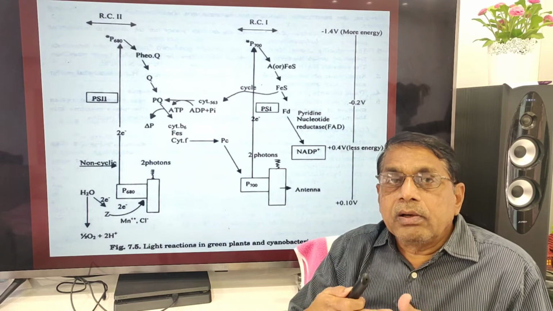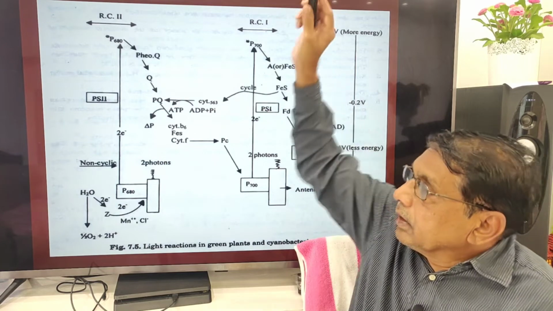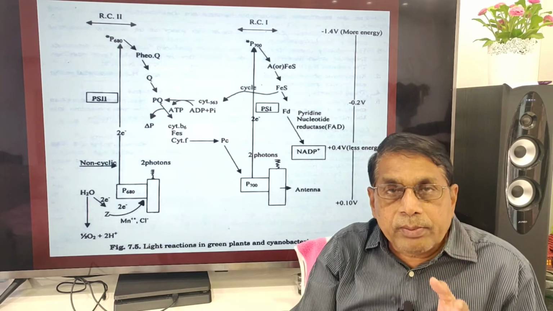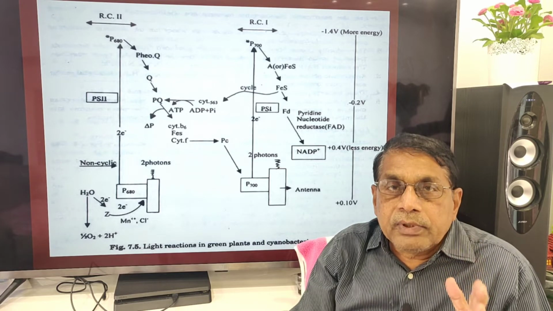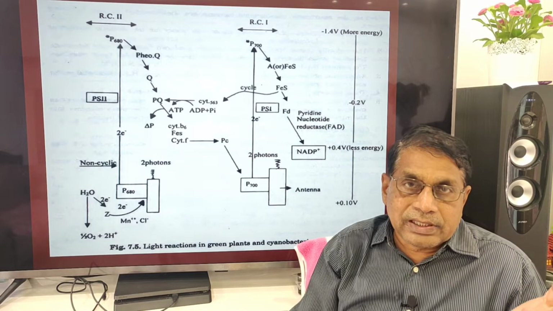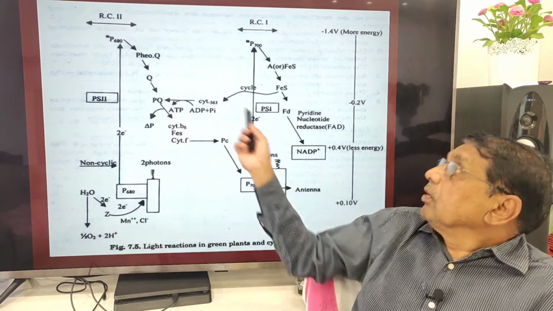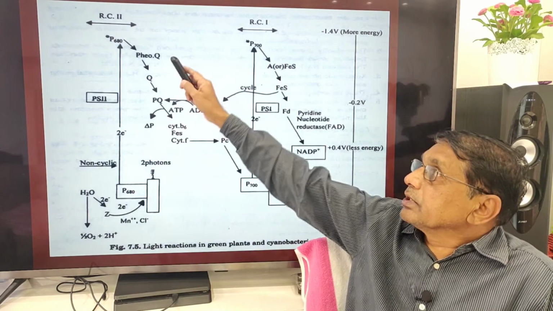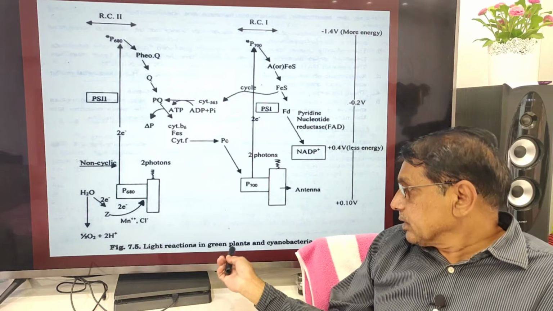So it is called the Z scheme. In higher plants and cyanobacteria, this type of light phase reaction takes place. So you cannot say here whether cyclic or non-cyclic. In fact, it is a non-cyclic photophosphorylation, reaction center 2, reaction center 1, and this is the light reaction in green plants.